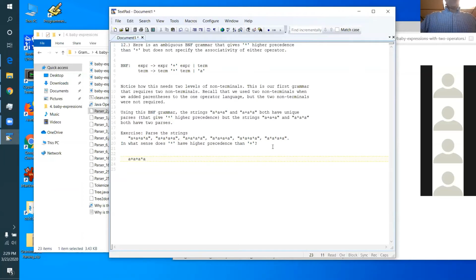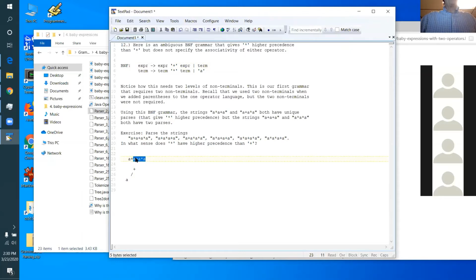So I could parse it starting with the plus with an A on the left. Okay, so I can parse it starting with an expression plus an expression. So then that'll put all this on the right. Now, if I put all that on the right, how am I going to parse this?